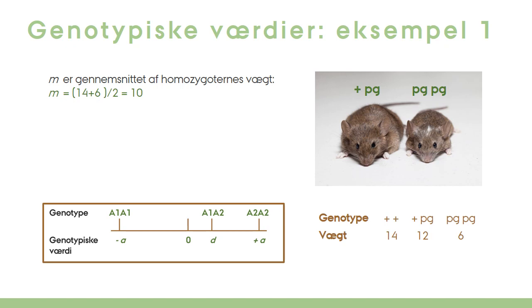That will be 14 plus 6, divided by 2, because the average weight of the wild type genotype is 14, and the average weight of the homozygote recessive is 6. And then we see, okay, so 10 is in the middle. Then we look at the difference between the homozygotes and the average. And that is 4. So that means that our A in this case is 4.